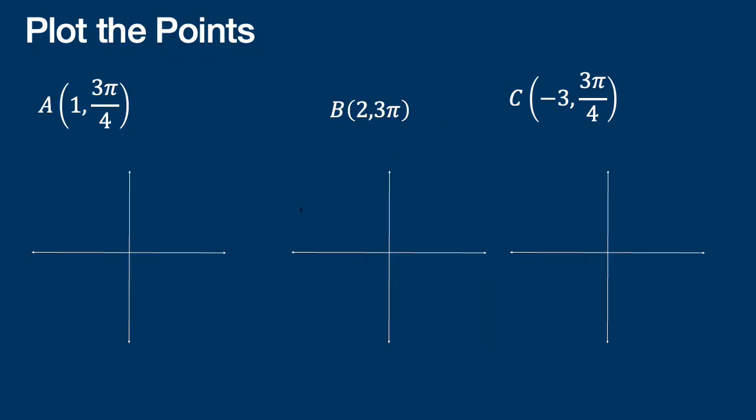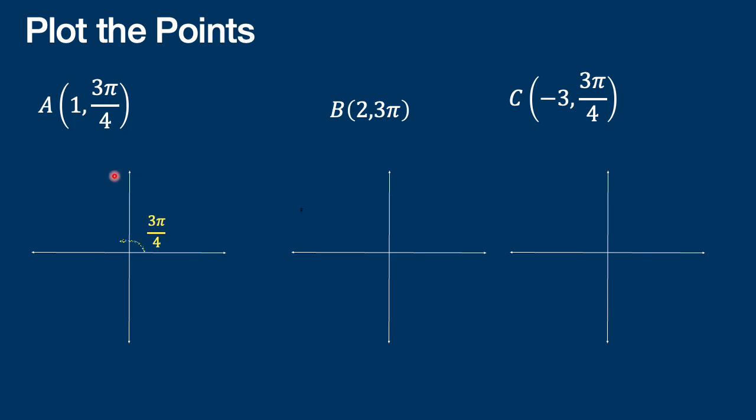We learned how to plot points with polar coordinates. Now, let's plot points when you are given polar coordinates. Here is A, radius is 1, angle is 3 pi over 4. Start here, that's the polar axis. You sketch the angle first, 3 pi over 4. Which quadrant, guys? That's the second quadrant.